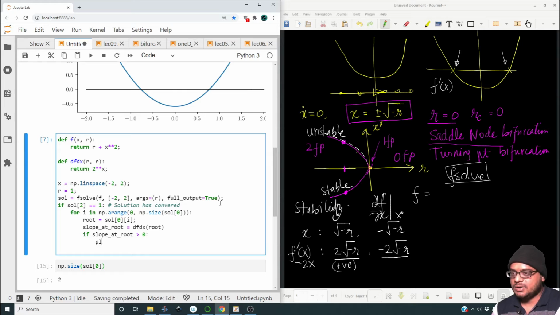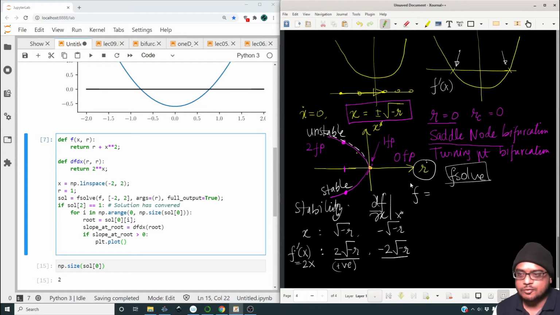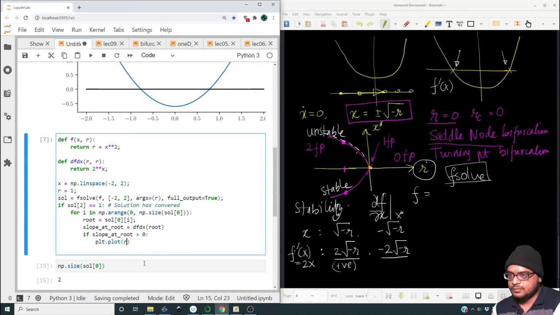So plt.plot. On the x-axis I have to plot the value of r, and on the y-axis I must plot the value of the root, and I must plot it as an x. Let me make it a blue x.